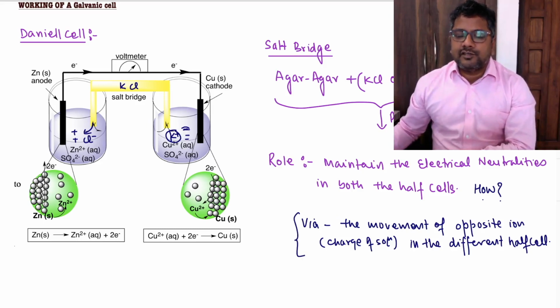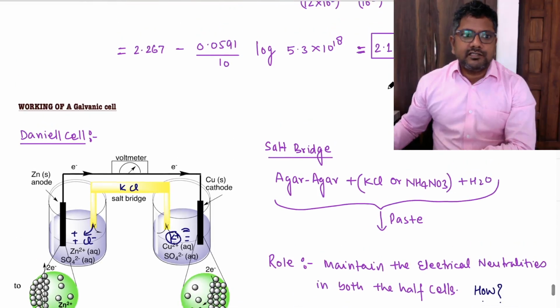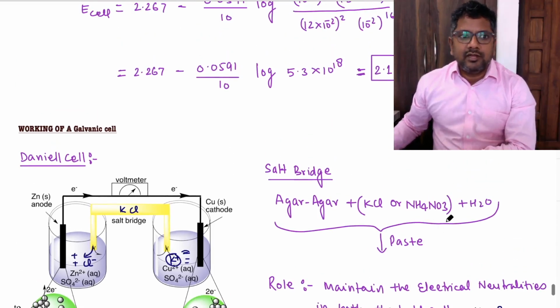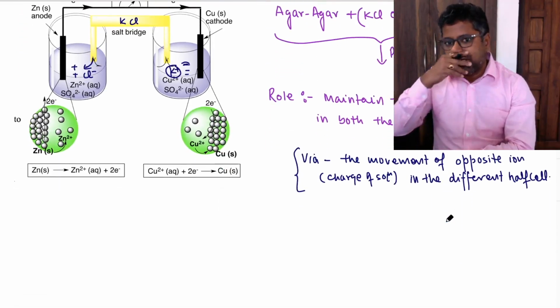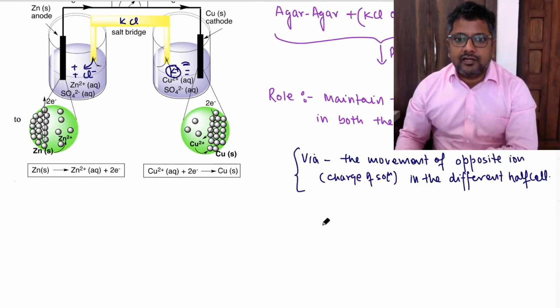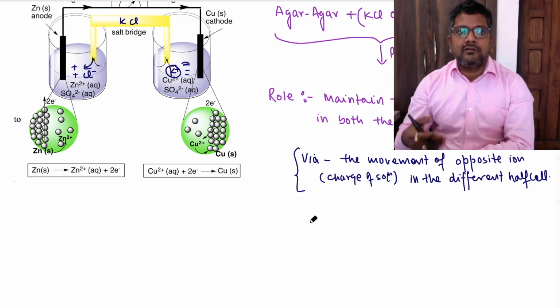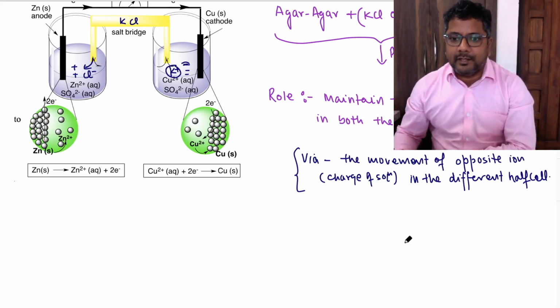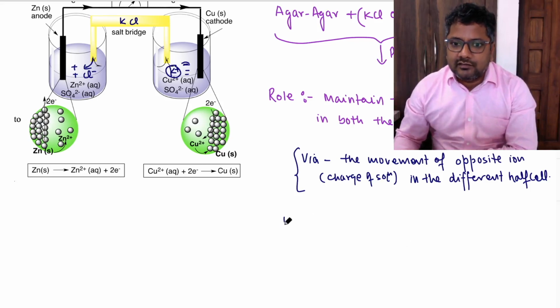Is there any special purpose for the use of KCl or ammonium nitrate here? You cannot use any salt. You can use a salt whose cation and anion have almost the same ionic mobility. So why KCl or ammonium nitrate?